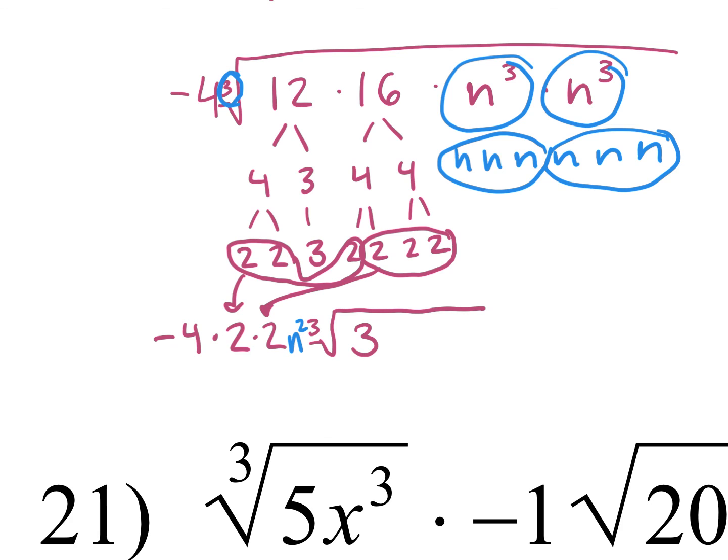So what should I do next? Multiply. I want to multiply all the numbers that I took to the outside together first. So I have negative 4 times 2 times 2. What's negative 4 times 2 times 2? Negative 16. Awesome.